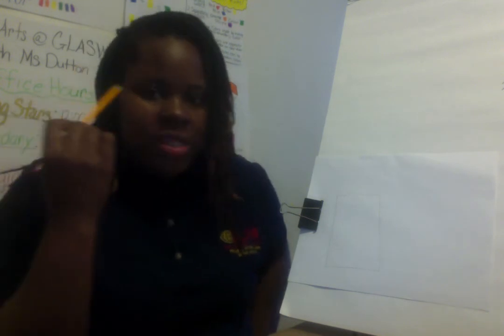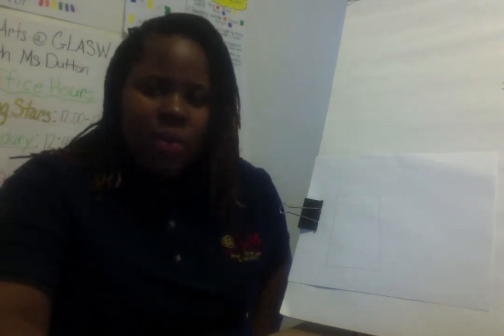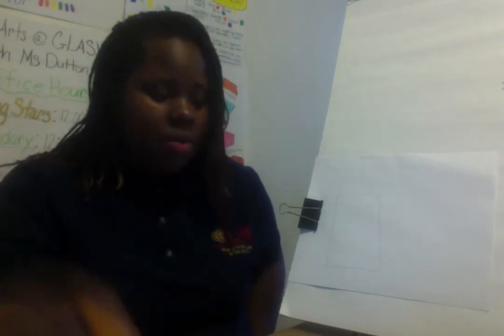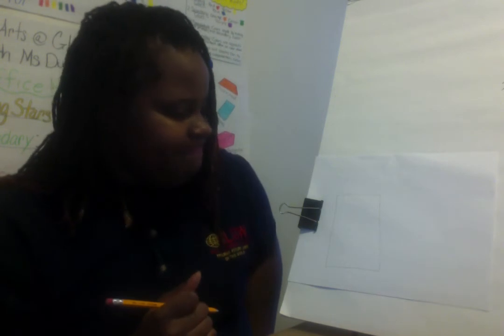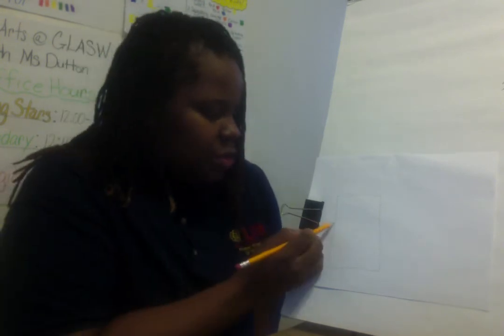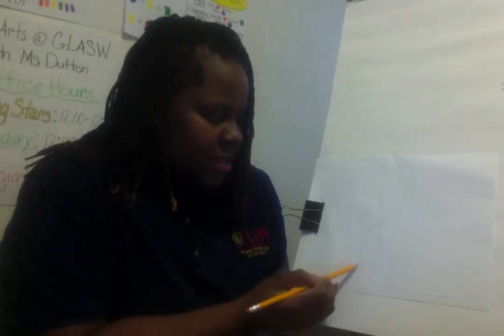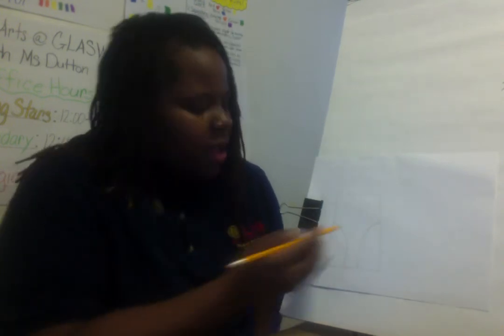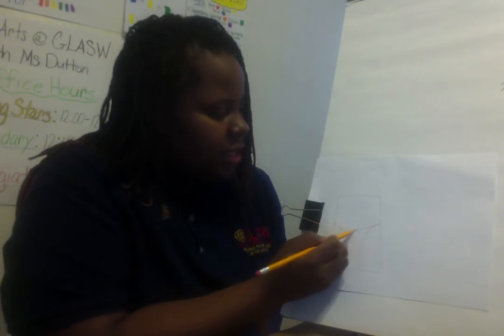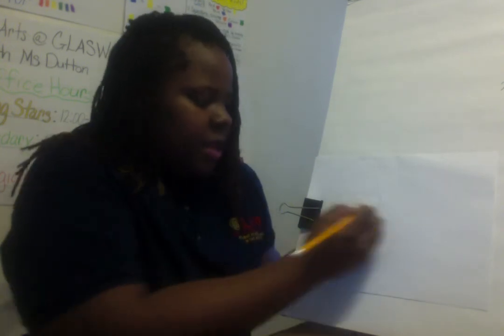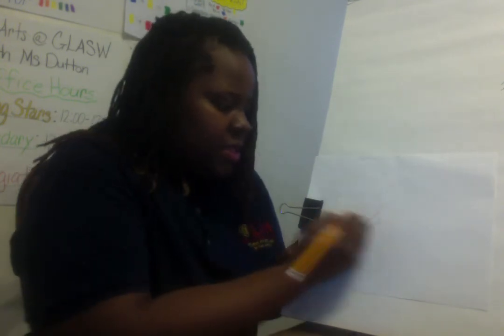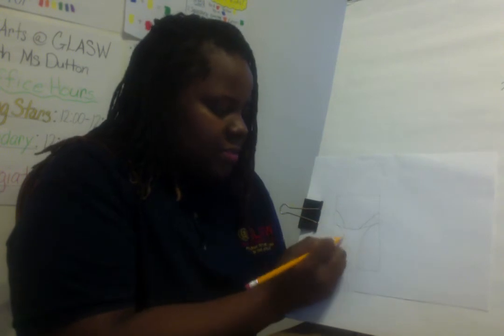So then I'm going to think, what design do I want to use to create my owl? I'm going to do this and this. And then I'm going to do this. And then I'm going to do this and this.